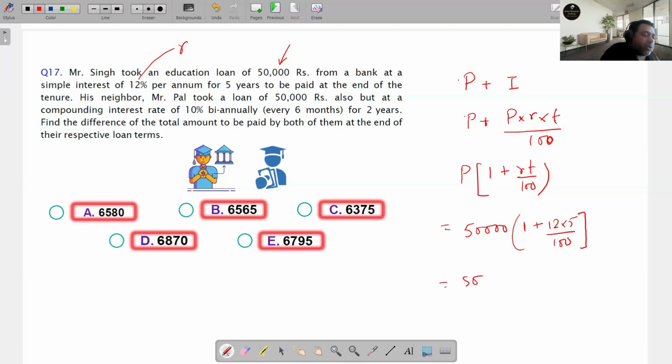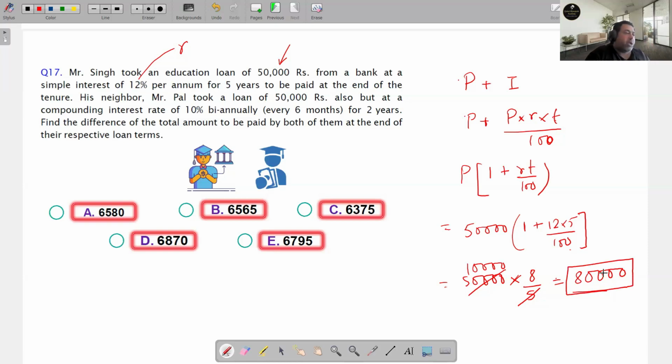So which is 50,000 multiplied by, this is 60 upon 100, which is 3 upon 5, so into 8 upon 5. 5 will go in this, 10,000 times 8 is equal to 80,000.